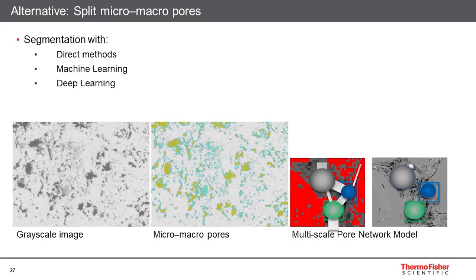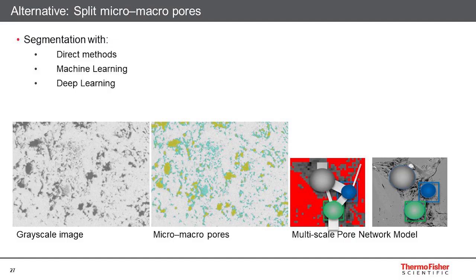I would like to point out that other alternatives to this upscaling workflow exist. The alternatives consist of differentiating the micropores from the macropores. Such a differentiation is done during segmentation with either machine learning or deep learning. It may even be done with direct methods involving watershed transforms.